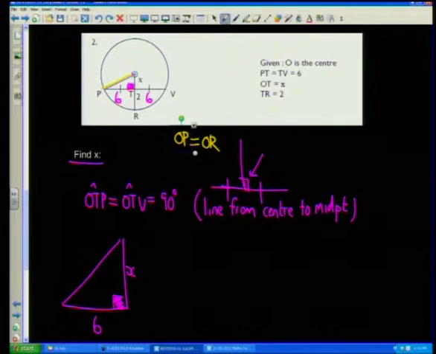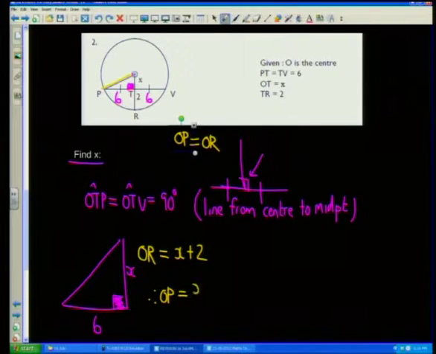So how long is OR? Can you all see that OR is going to be the sum of x and 2? So therefore, OP is also going to be x plus 2 because of equal radii.